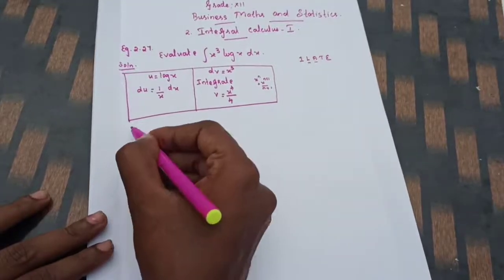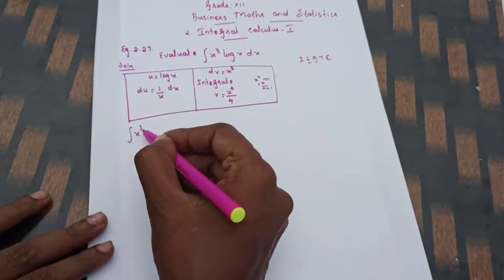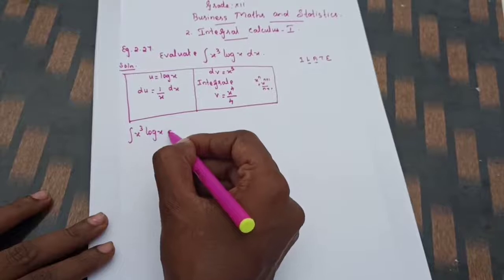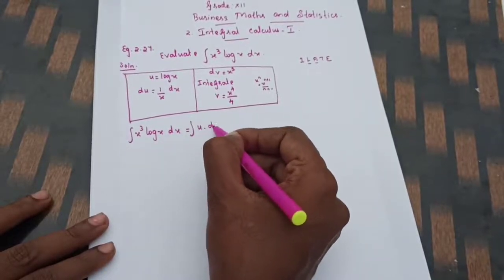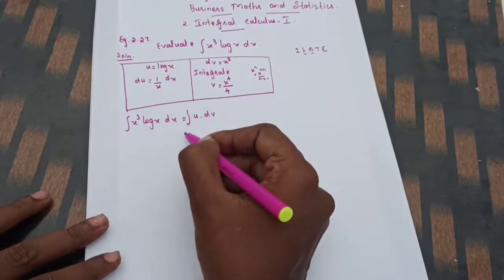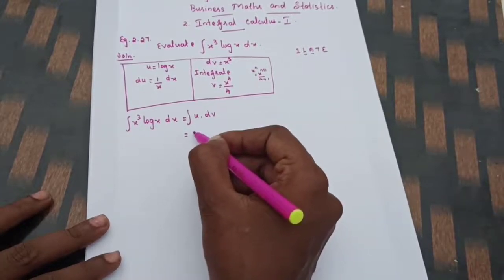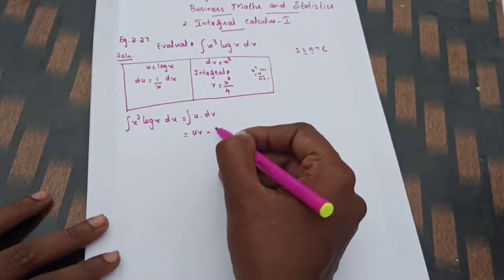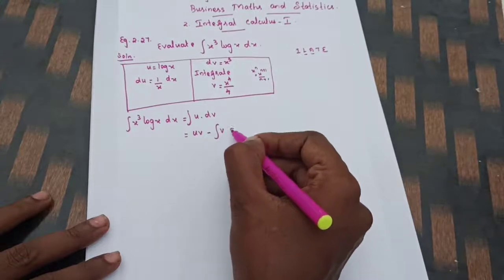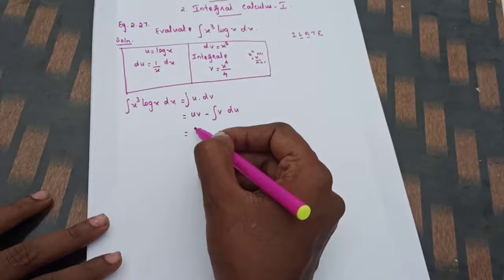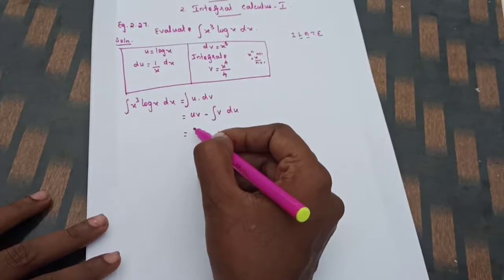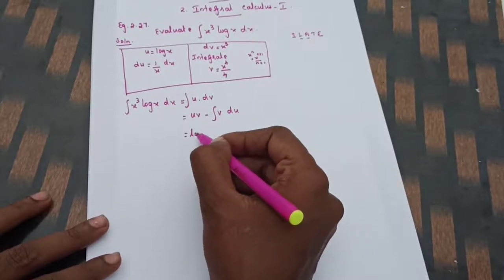Now we can substitute in the formula. The integral of x cube log x dx is equal to the integral of u into dv. What's the formula you have learned already? That is uv minus integral of v du. What is the u value? Log x.